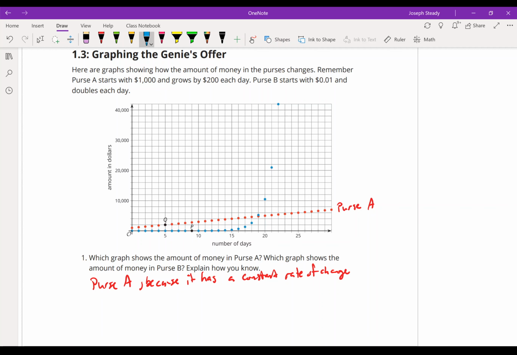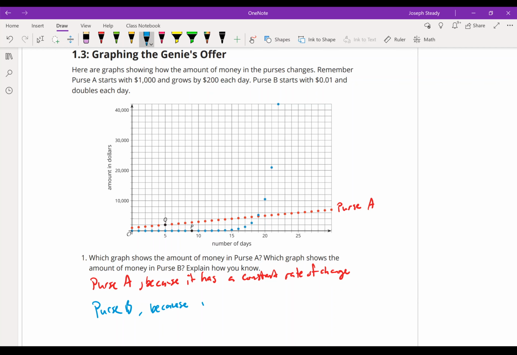Now, purse B must be the blue graph, and we can make a similar argument here because on that graph, it starts out really slowly like we saw, but then it starts to double. Well, it's doubling the whole time, but as soon as the numbers start to get big, they get really, really big really fast.